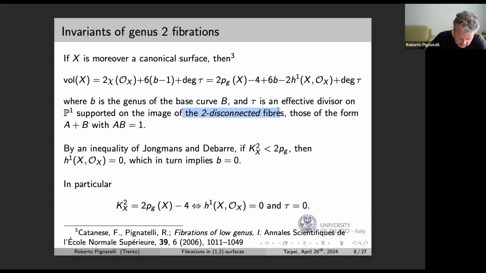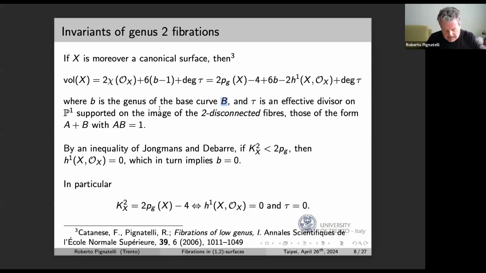And this remark allows us to, so this h1 equals 0 in fact implies that the base curve is a P1, because if the base curve has positive genus, the one-form on the curve pulls back to a one-form on the surface, which gives you irregularity. Let me apologize for the confusion here between B and P1.